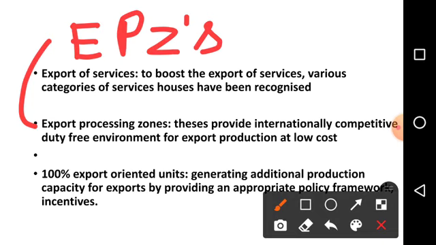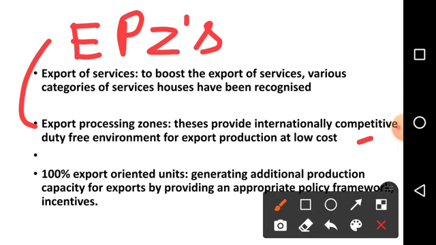So these provide an internationally competitive duty-free environment for export production at low cost. That is, internationally it will help you to do export at a very cheap price. If you are to do export, there are so many expenses, this tax, that tax, so many duties you have to pay.